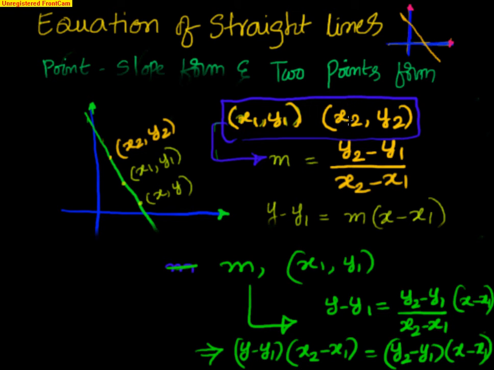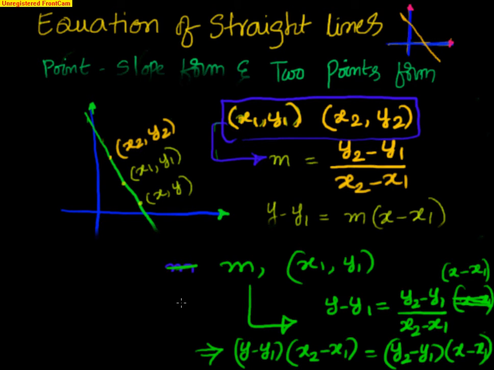Now I can consider one of these points and write my equation in point slope form by saying y minus y1 is equal to m into x minus x1, where my m is nothing but equal to y2 minus y1 by x2 minus x1. Substituting that in this equation, you will get y minus y1 is equal to y2 minus y1 by x2 minus x1 into x minus x1. This is x minus x1 if it is not clear.